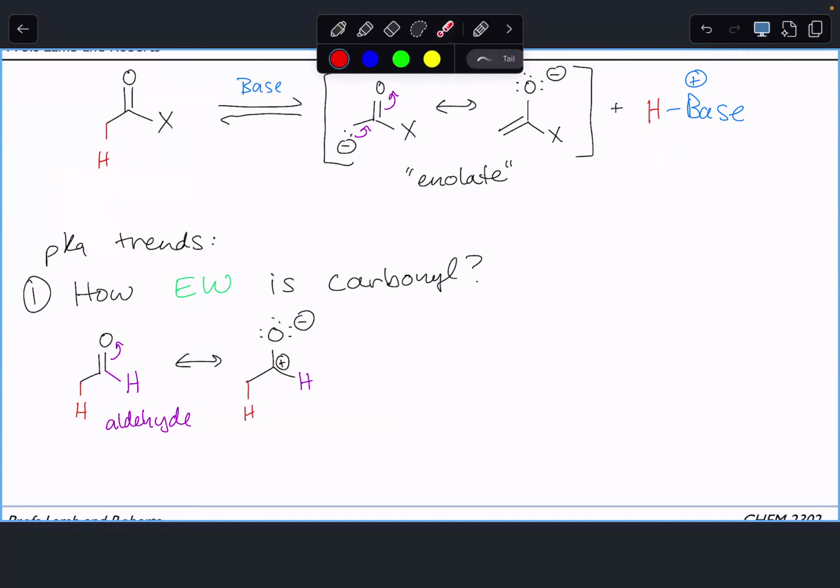This carbon does not have an octet, so it's not as high of a contributor, but it is a contributor. So that's why this carbon right here is positively charged, right? So if we look at it in our more traditional form, we say that it has a delta positive charge, right?